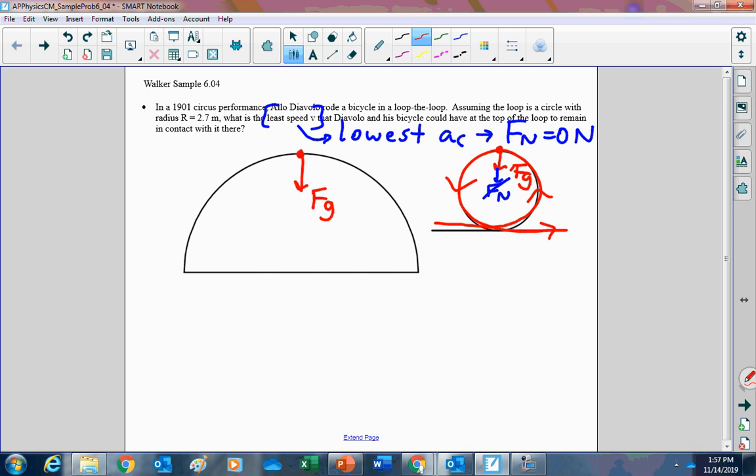So if we assume that, then we would say that Fg is equal to the weight, and that's also equal to the net force on the system at that moment. And so therefore, the weight is equal to the centripetal acceleration.